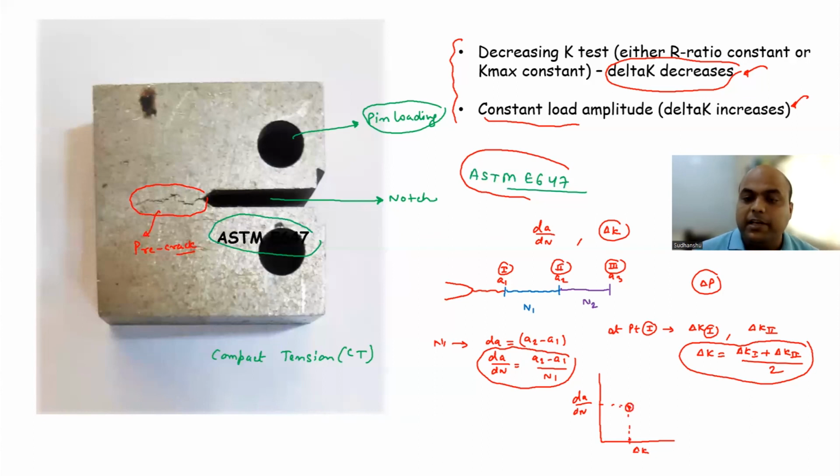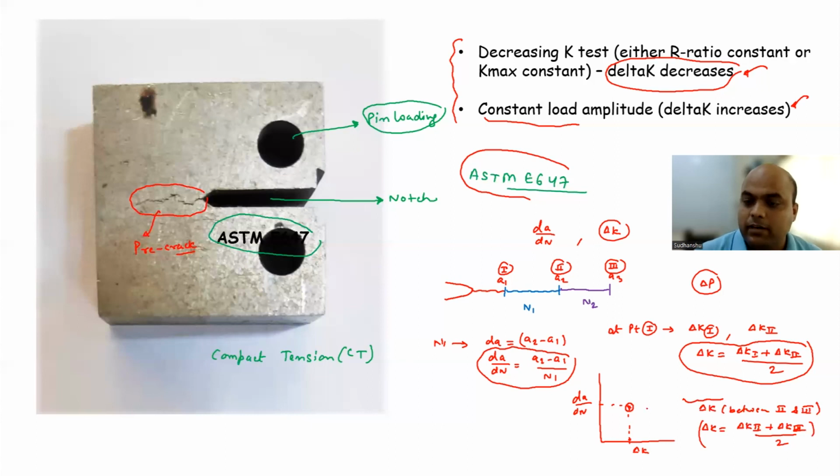Similarly for N2, dA will be A3 minus A2, so da/dN will be (A3 minus A2) divided by N2. And delta K between 2 and 3 will be (delta K2 plus delta K3) divided by 2.